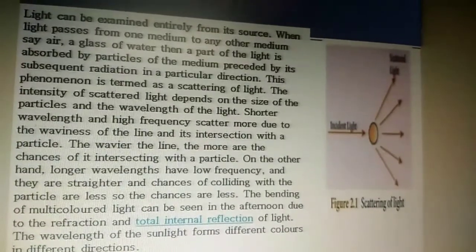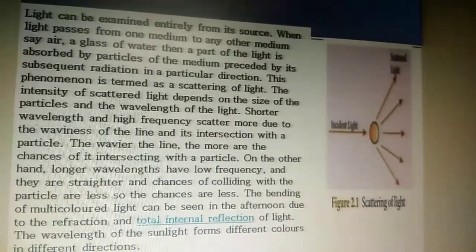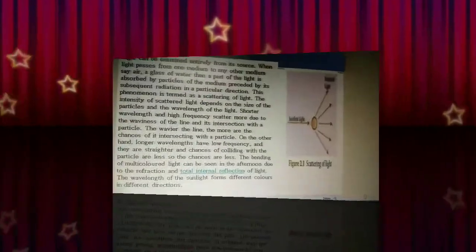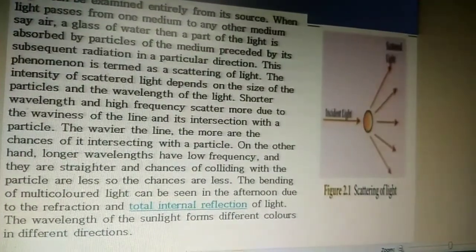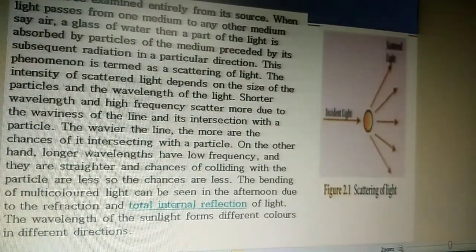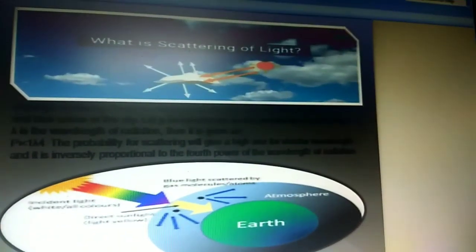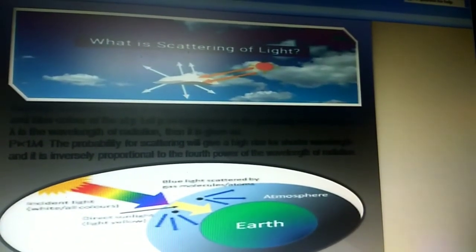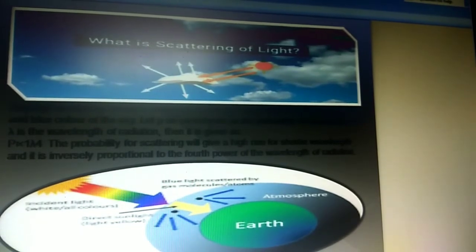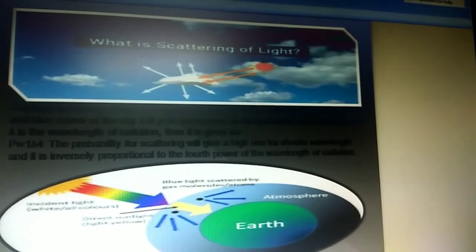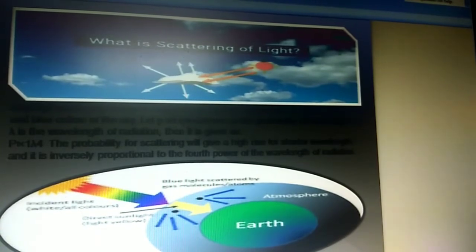In simple terms, the intensity of scattering of light is 1 by lambda to the power of 4, which is known as Rayleigh's law. In other words, spreading of light in all directions is nothing but scattering of light.